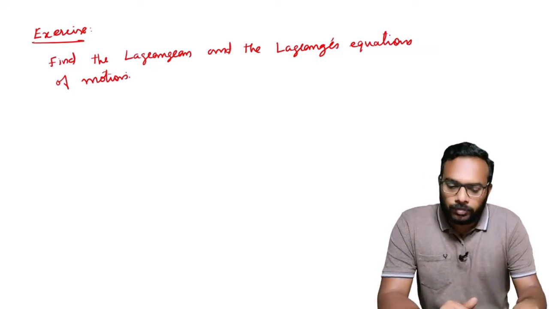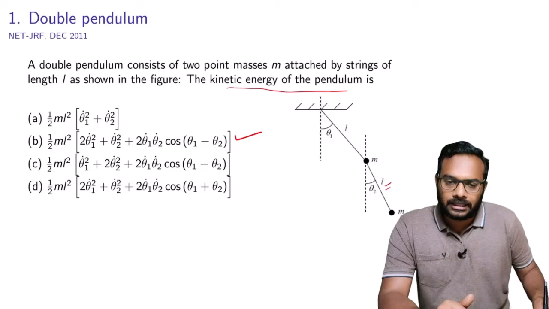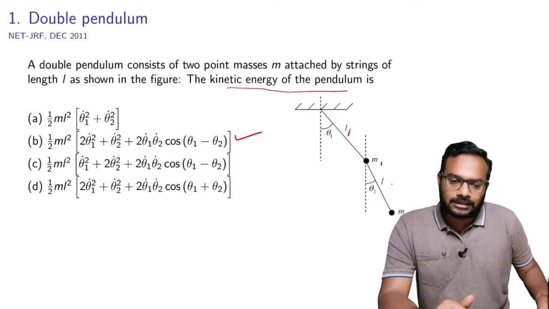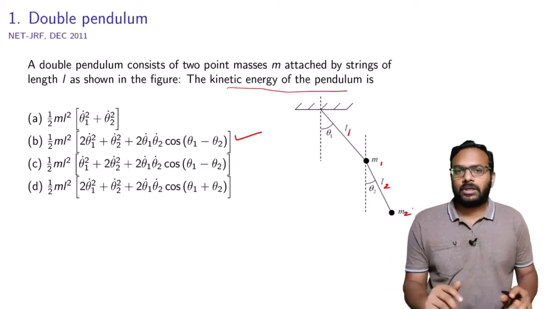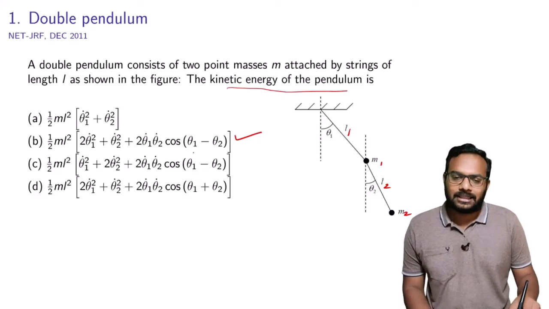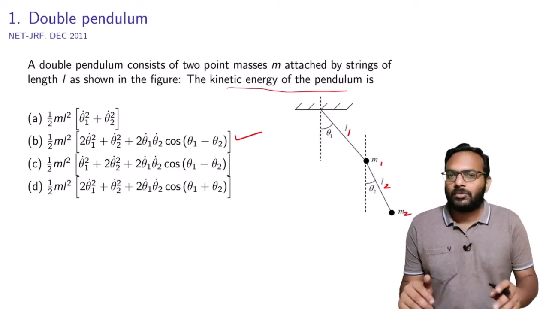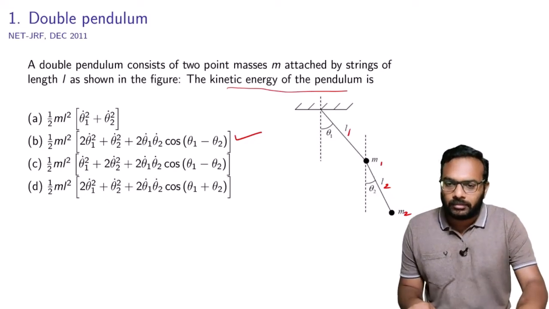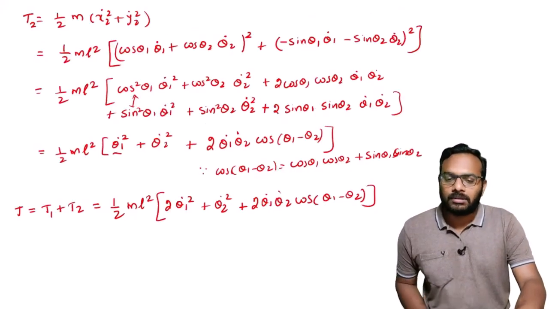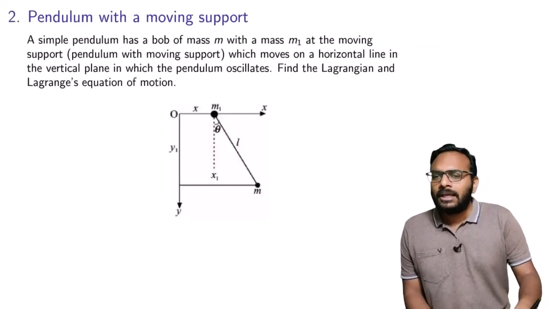And if you want more practice, you can do the general case. You can take this as L1, this as M1, this one as L2 and M2. If all these lengths and masses are different, you'll get a rather complicated expression, and then you can see what happens when you put L1 equal to L2 and M1 equal to M2. So you can play around with that problem a little bit. That's a good exercise.